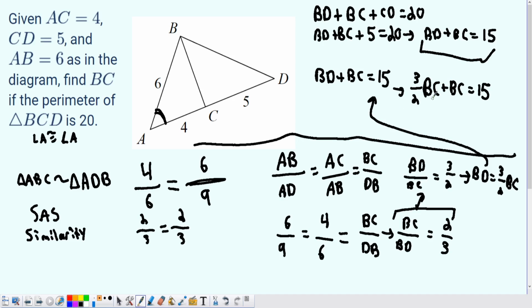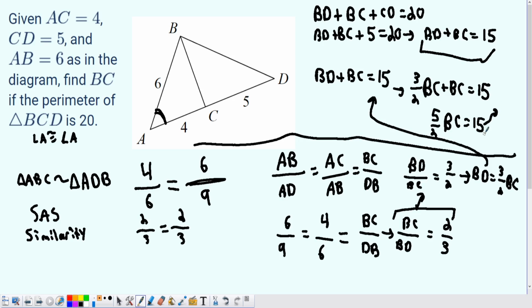We don't write the 1 there, but what's 1 plus 3 halves? Well, 1 is the same thing as 2 over 2. 2 over 2 plus 3 over 2 would be 5 halves. 5/2 BC equals 15.